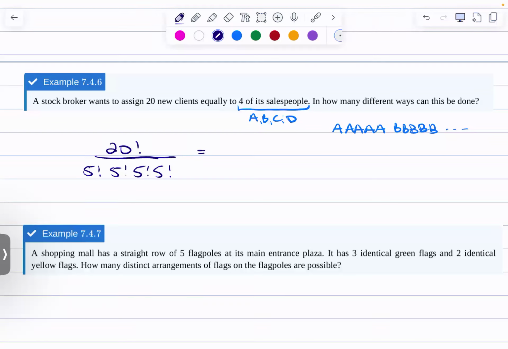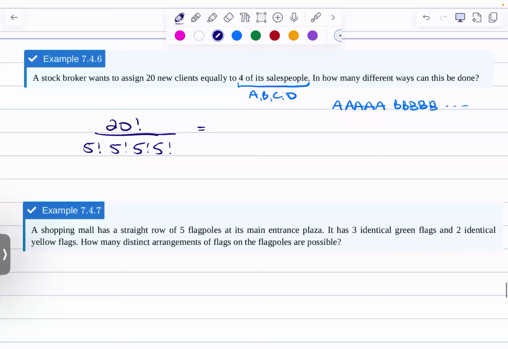Well, that's no fun. It's still huge: 1.173274502 times 10 to the power of 10. Huge.